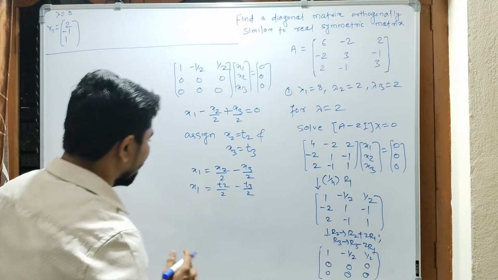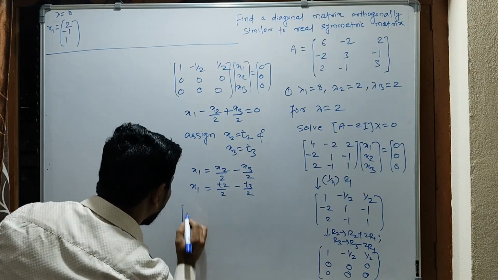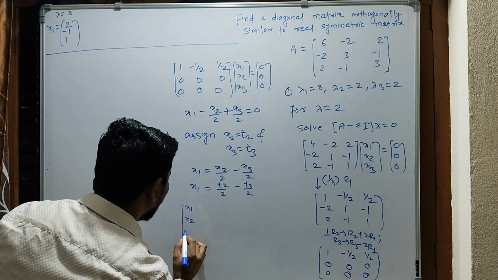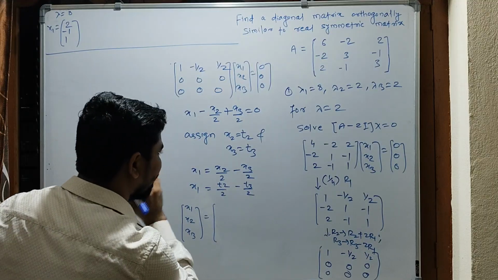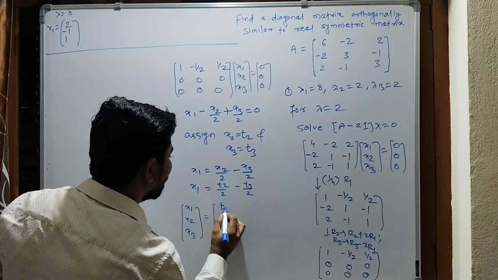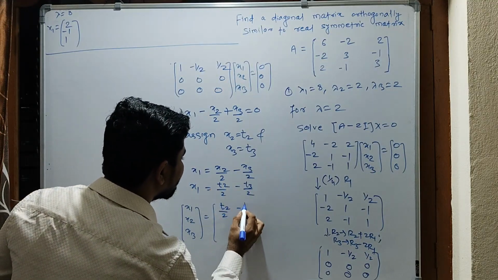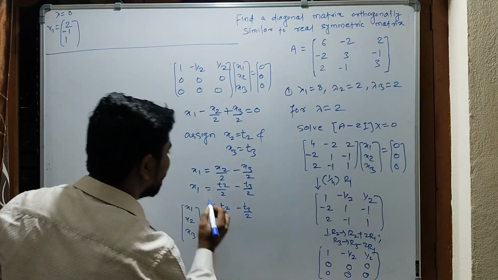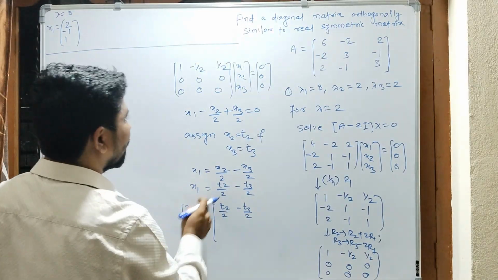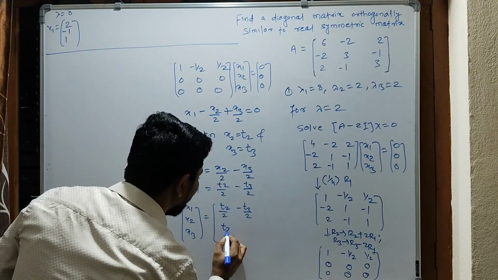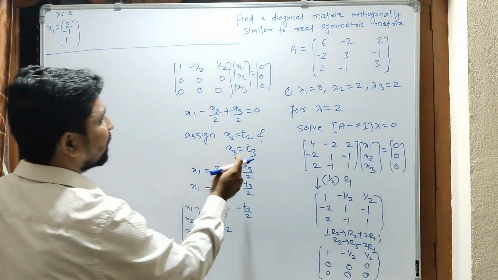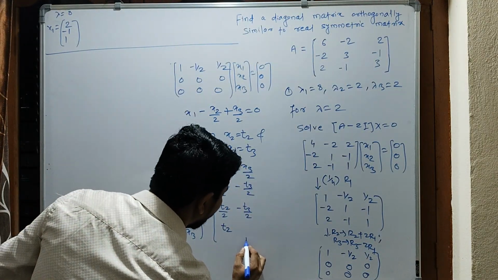Therefore, writing the eigenvector, x1, x2 and x3 is equal to: x1 is t2 divided by 2 minus t3 divided by 2, x2 is t2, and x3 is t3.